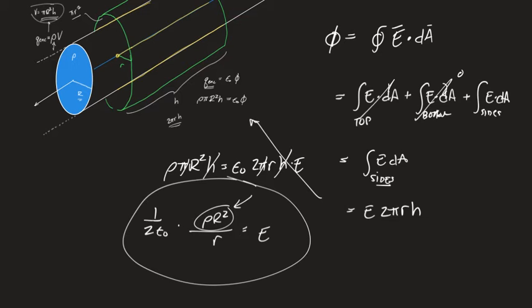The issue comes down to what happens when we look at this, we're now talking about a Gaussian surface that is inside here. Like that. So we are inside the cylinder. So what we're looking at is what happens when we are inside the cylinder.